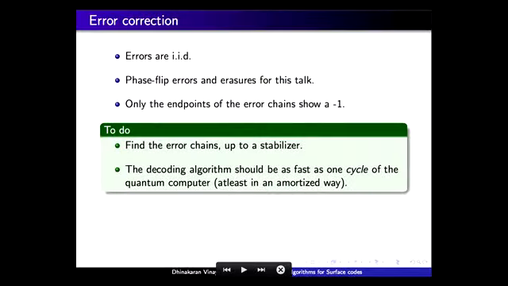And what does the decoding algorithm have to do? The decoding algorithm is given, say, the errors here, here, and here. So these are the phase flip errors on these qubits. Then every phase flip error makes the two adjacent syndrome vertices -1.